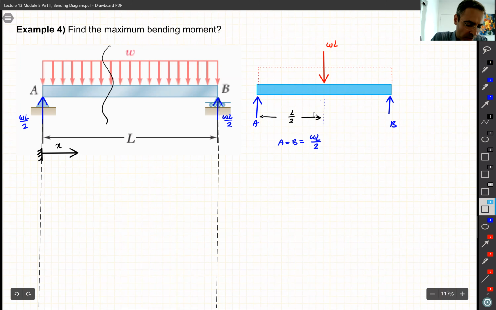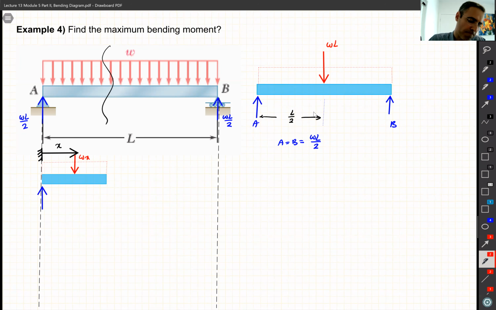So I draw the free body diagram for one section, like that. I put the loads. I have that one there. Now you know, this distributed load over here is not the whole thing. It's going to be just W multiplied by X, right?